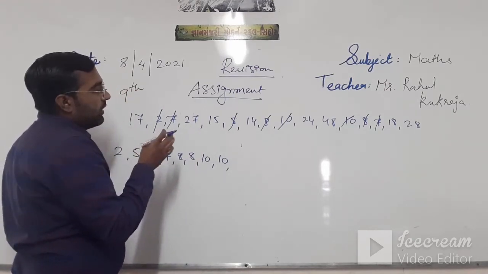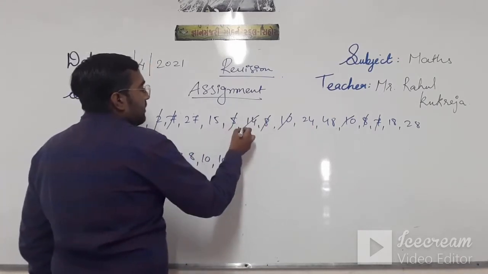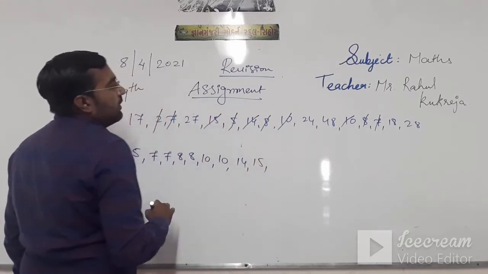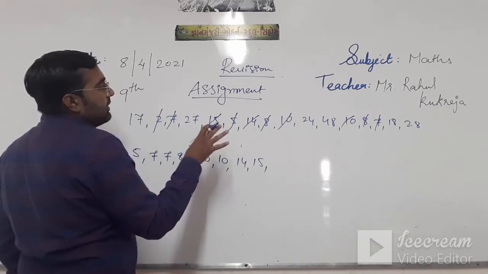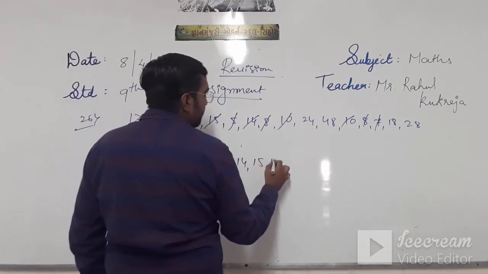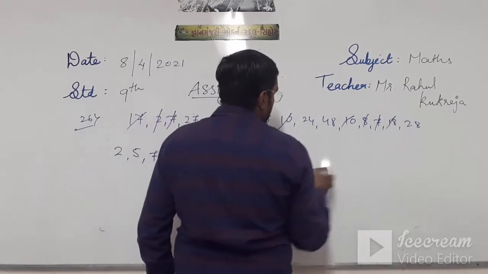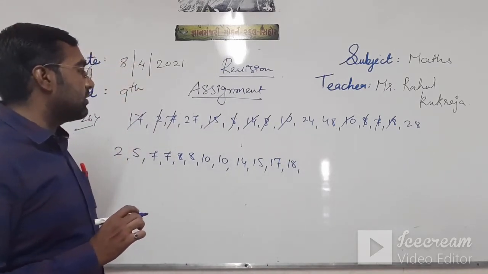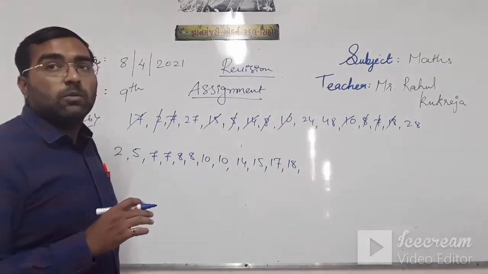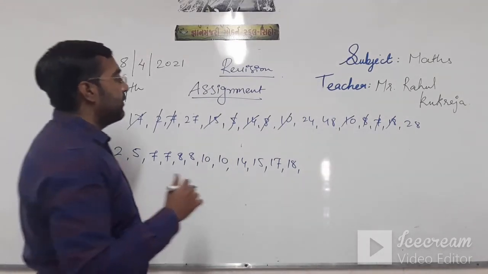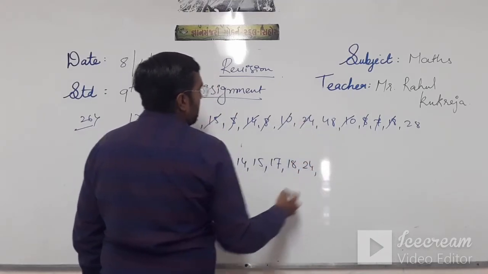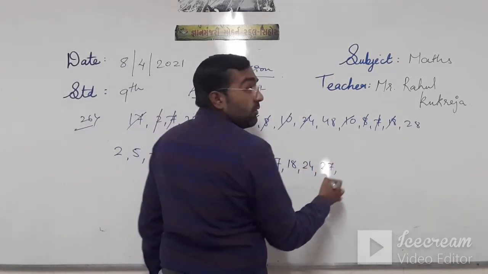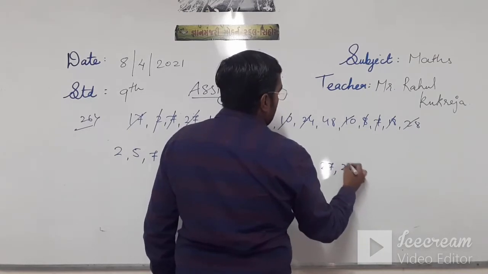Now 11, 12, 13, 14. 14 is here, 14, then 15, then 16 is not given, then 17, 18, next 19 is not given, 20, 21, 22, 23, 24. 24 is here, that is 25, 26, 27, 28 is here, and 48 last.